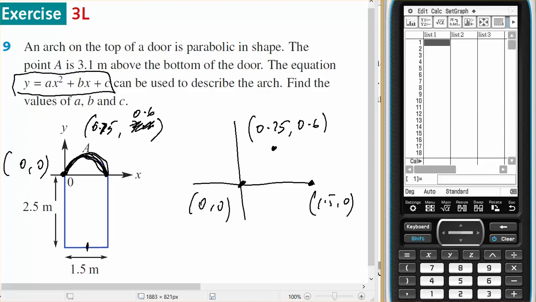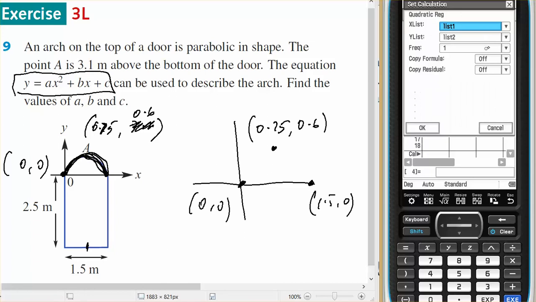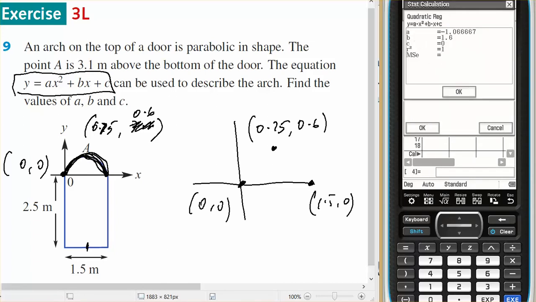The x numbers I want will be 0, 0.75 and 1.5, and the corresponding y values to those will be 0, 0.6 and 0. And I'm going to go Calc, Regression, Quadratic Regression, and yes, I put my x's in list 1 and my y's in list 2.